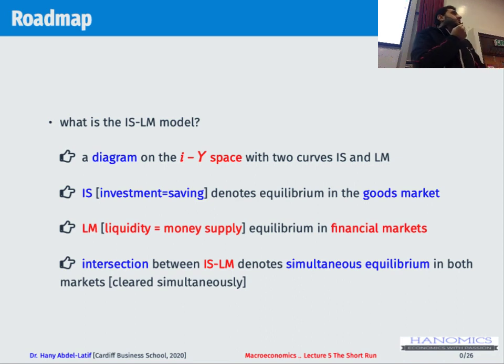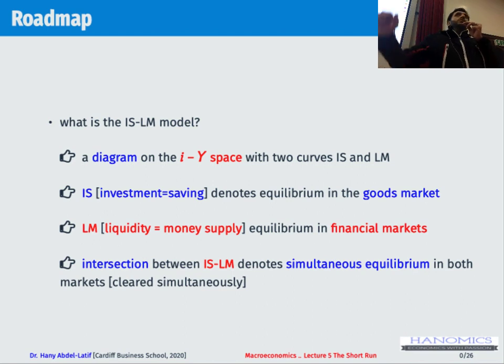M stands for money supply, and L is liquidity preference, or demand for money. Every point on the LM curve is an equilibrium point in financial markets. Obviously, the intersection point between both gives us the simultaneous equilibrium in both markets together.